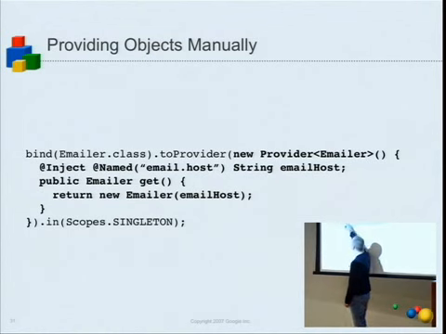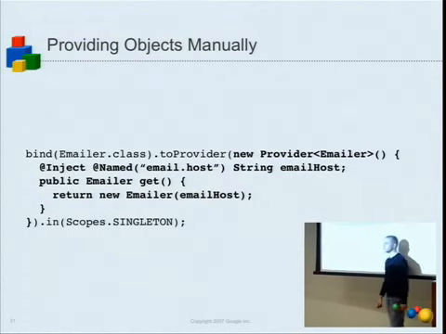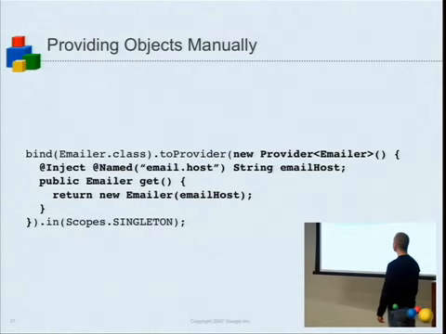So we can inject our provider, and in this case, we're going to inject the name of the email host, like the email server name, and then we can take those values and pass them on to the class. So the interesting thing here is that service info wouldn't have to change. It doesn't care whether Guice is creating emailer or whether we're creating it manually in our custom provider. It doesn't matter. It's completely decoupled.